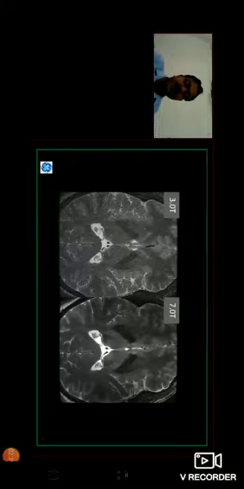So the image quality is the delicate balance between all these options that you're seeing on the monitor. It's a balancing of the SNR, CNR, or contrast to noise ratio, the scan time, and the spatial resolution.